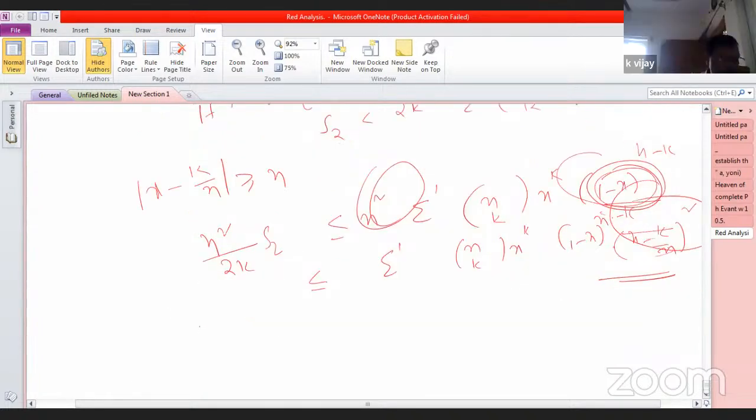So therefore, this is equal to summation k equal to 0 to n, nCk x^k (1−x)^(n−k) (x − k/n) whole square, I am writing here.